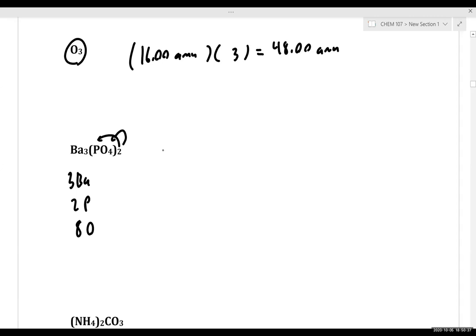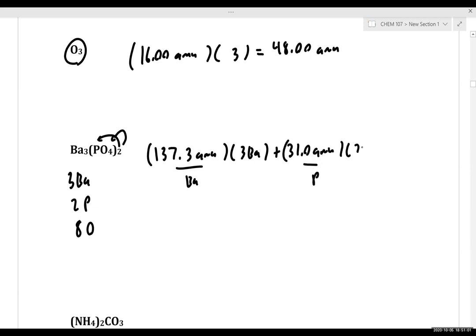mass. So barium has an atomic mass of 137.3 AMU per barium atom. We have 3 barium atoms. For phosphorus, it has a mass of 31.0 AMU per phosphorus atom, and we have 2 phosphorus atoms.